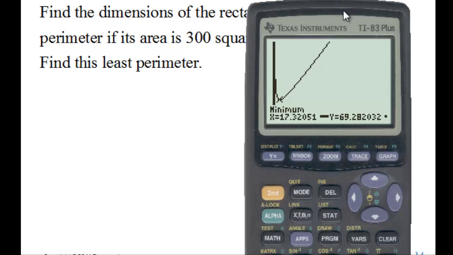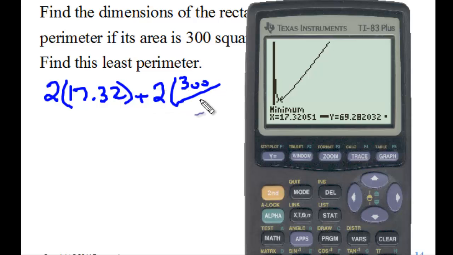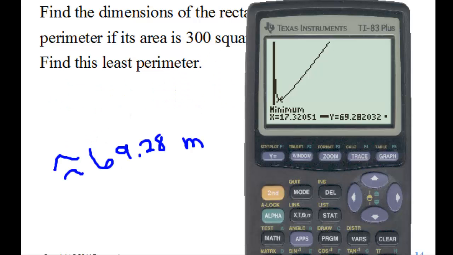So now we have to go back to the problem, and the perimeter was 2 times 17.32 plus 2 times 300 divided by 17.32. That will give us the least perimeter. If you put it into your calculators, you'll find that it is approximately 69.28 meters.